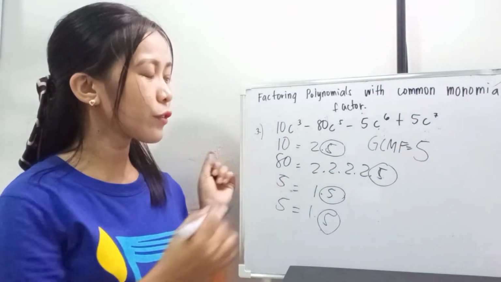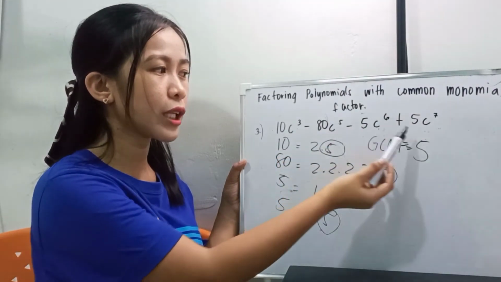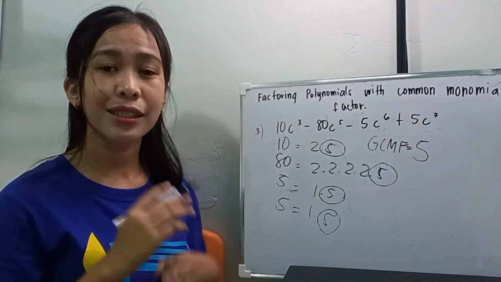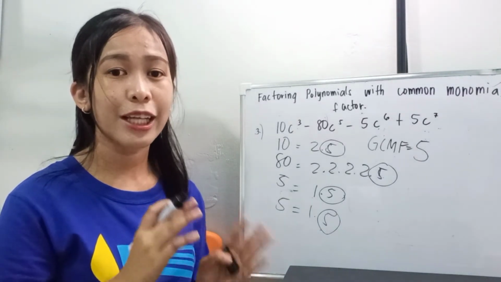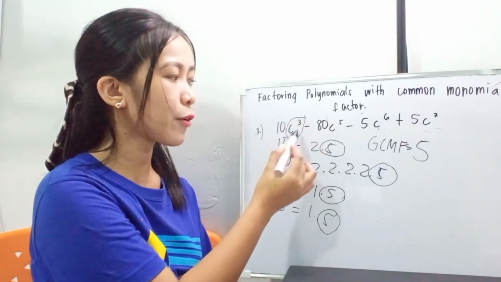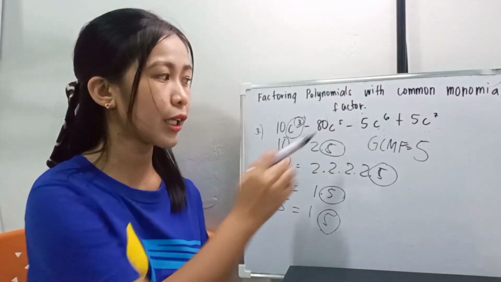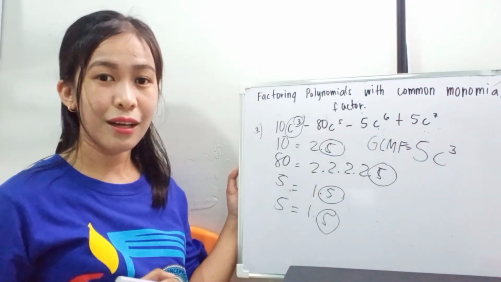Alright? And then, since we have here c cubed, c raised to 5, c raised to 6, and c raised to 7, just identify the variable with the least exponent. Since c raised to 3 has the smallest exponent, which is 3, therefore, we will take c raised to 3. Okay?